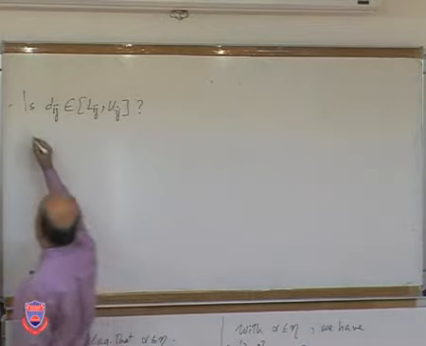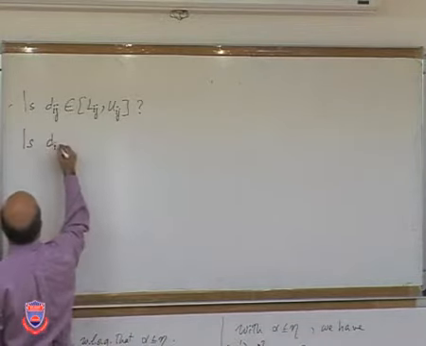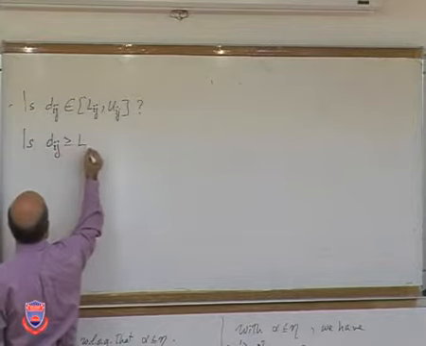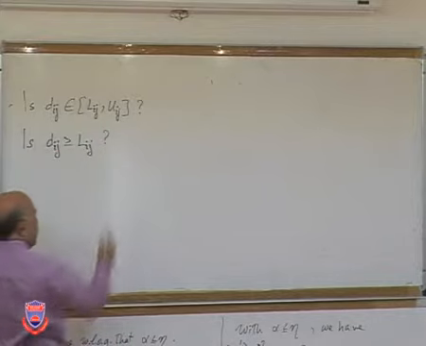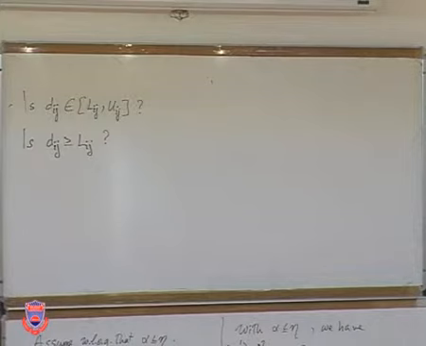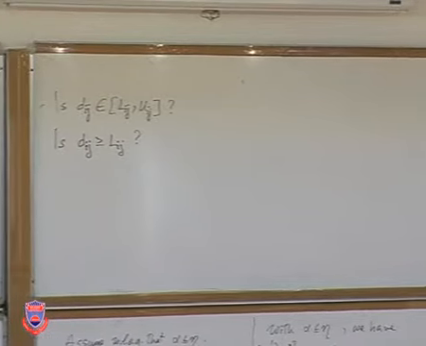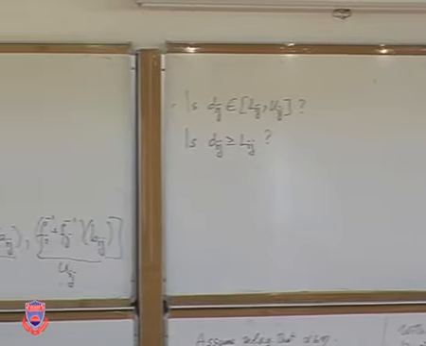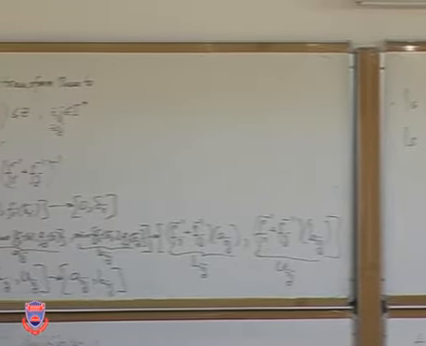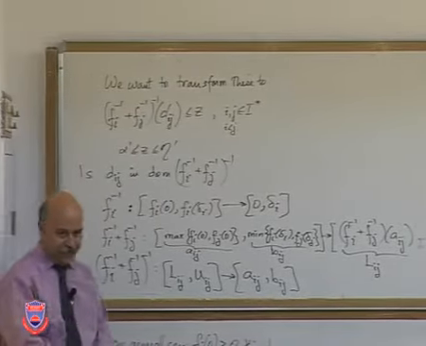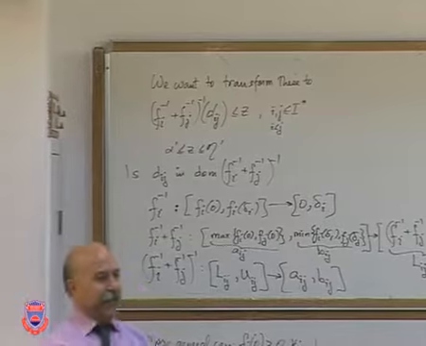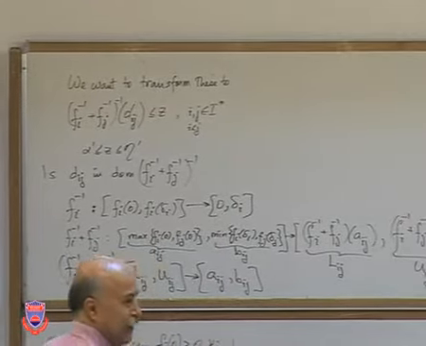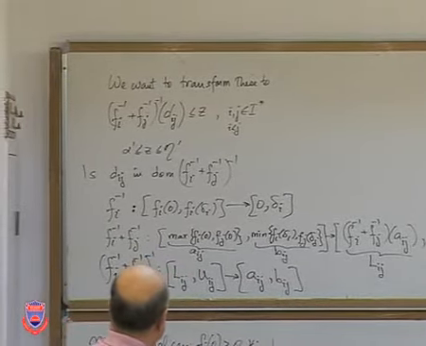So first let's look at this. Is Dij at least as large as Lij? When I look at it from a nearby position, I can't really see it. What is it? Yes.